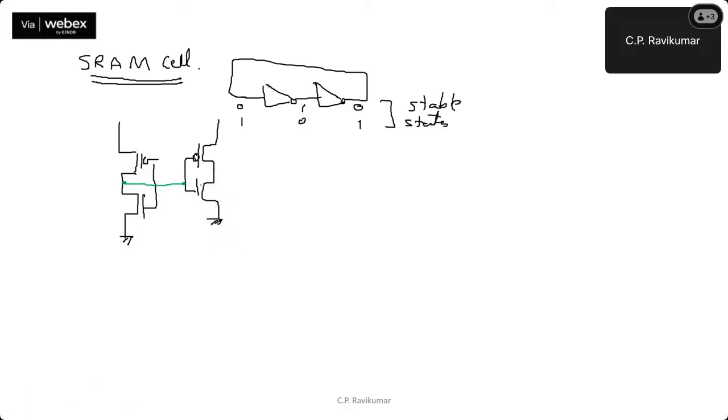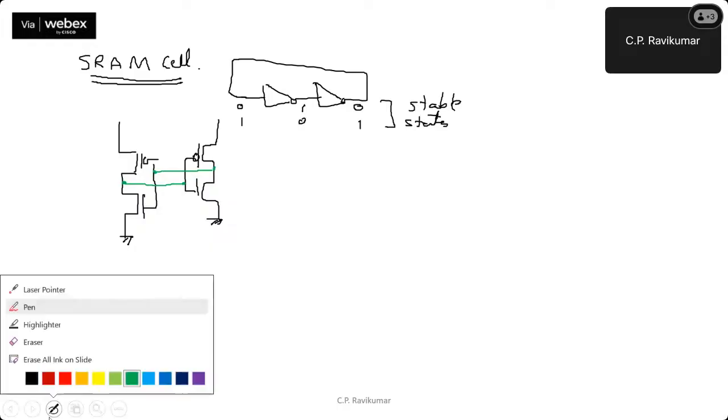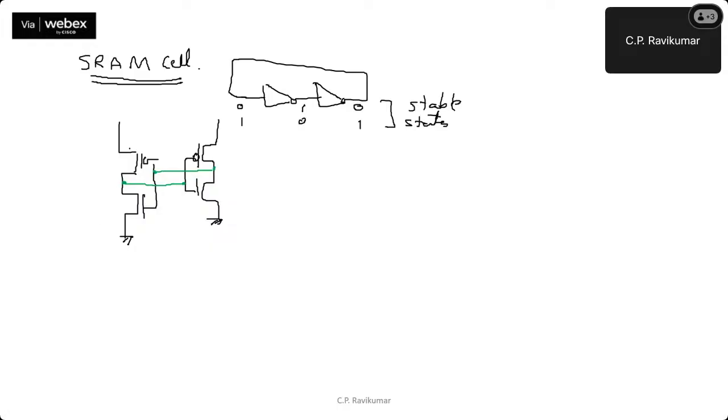Similarly, the output of the second inverter will be connected as input to the first. And this is our VDD.